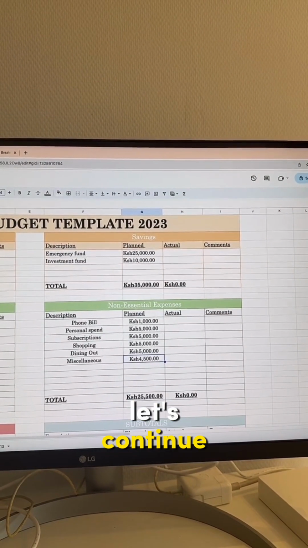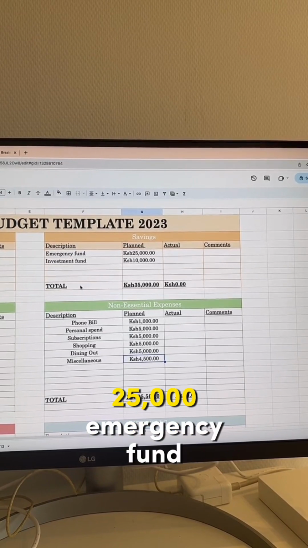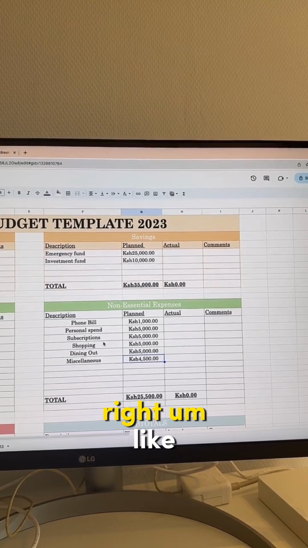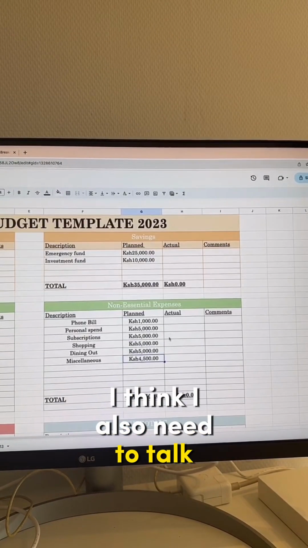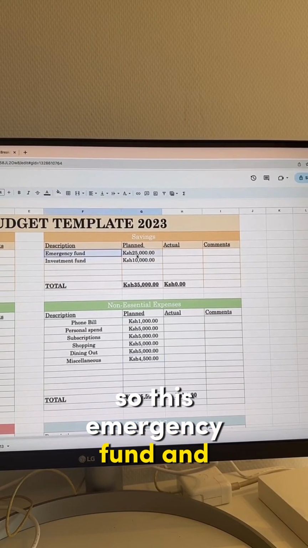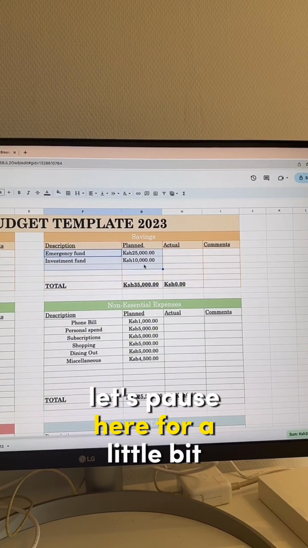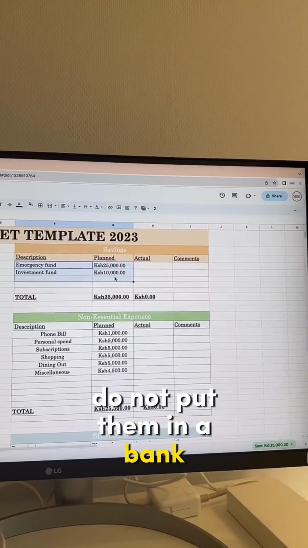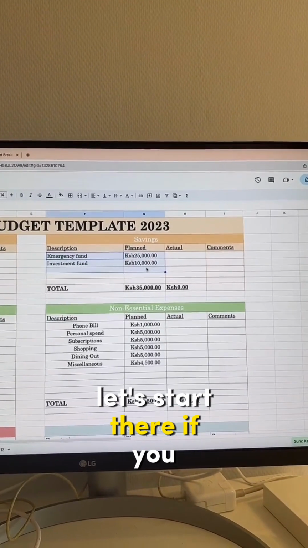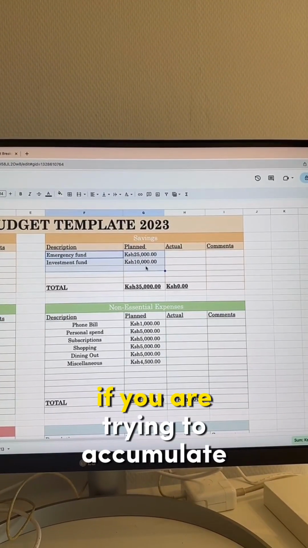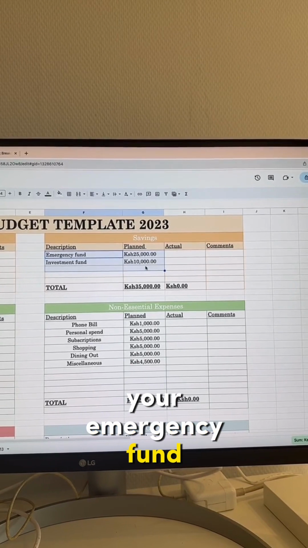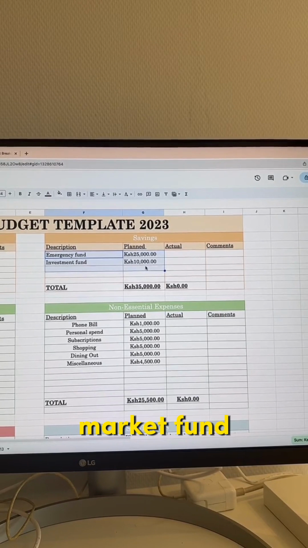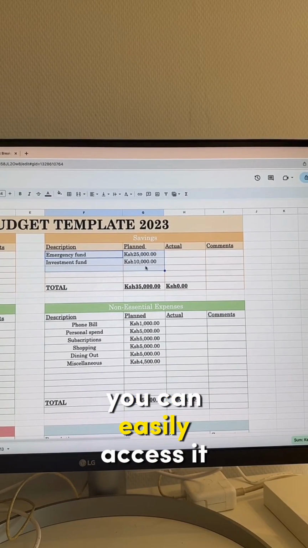But okay, let's continue. So this person invests 25,000 emergency fund, 10,000 investment fund, right? I think I also need to talk about this a little bit. So this emergency fund and investment funds, let's pause here. Do not save them in the bank. Do not put them in a bank. If you are trying to accumulate your emergency fund, open a money market fund and keep your money there. It should be in a money market fund because in case of an emergency, you can easily access it.